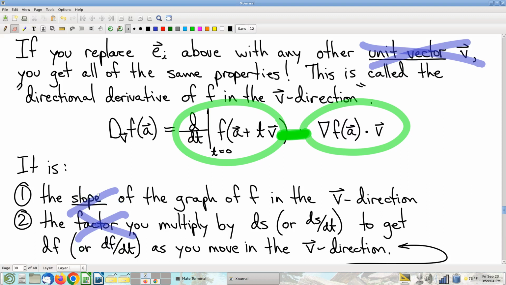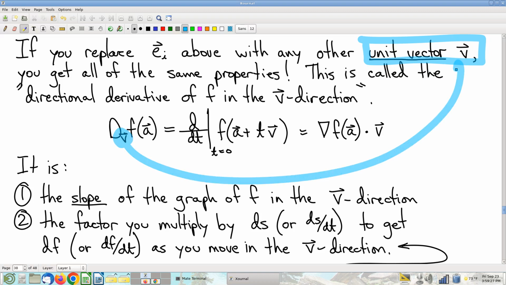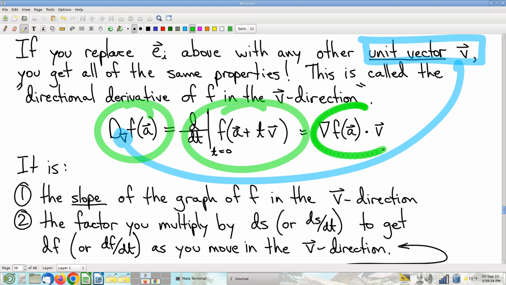But I emphasize that we've got to make a clear, unambiguous choice for Math 219. In Math 219, we're going to go with the unit vector requirement because that's what our textbook does. The textbook requires this vector be a unit vector. And the goodies that come along with that are that the directional derivative, namely this expression, is a slope and it's a multiplicative factor, and we get all the goodies that come along with it.